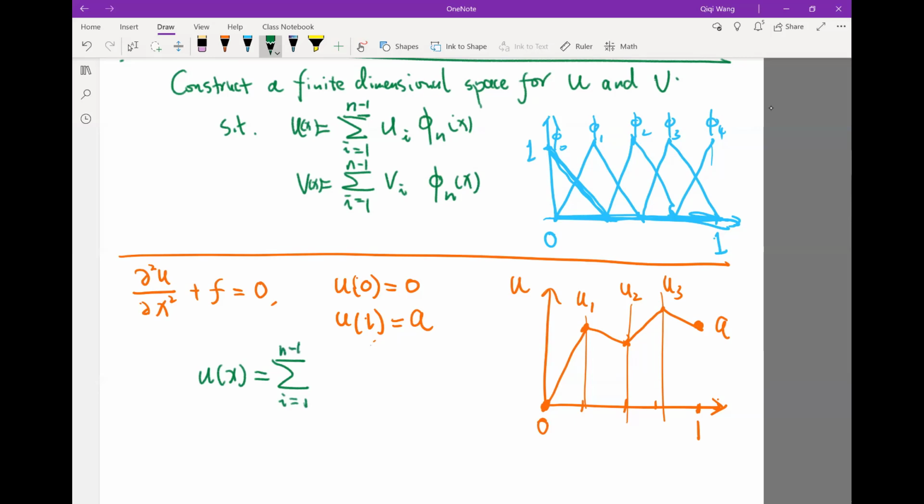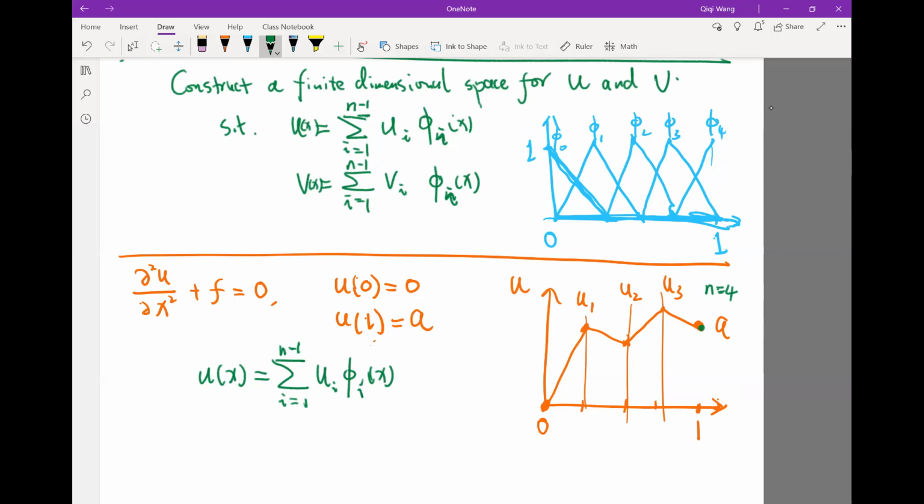We still have u1, u2, and u3, so in this case n equal to 4. u1, u2, u3 are still unknown values, multiplied with the basis functions. Sorry, here are i's, not n's: u_i times phi_i of x. But then there is a last value a.